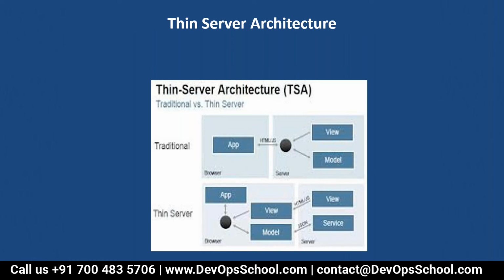So now we will use one more term here, thin server architecture. Earlier, in the traditional approach, model and view are combined together as a new HTML page, and that is being sent here, right? So the browser, in traditional applications, was thin.